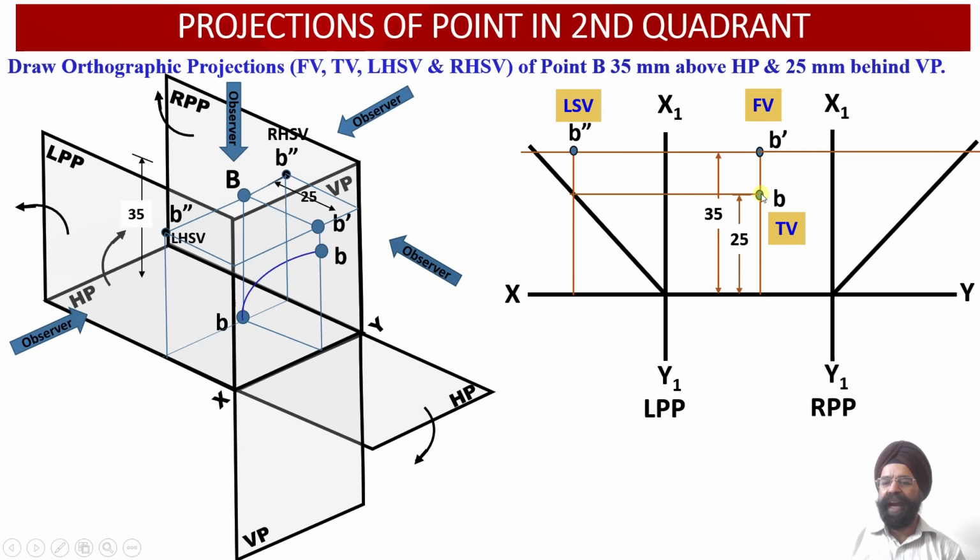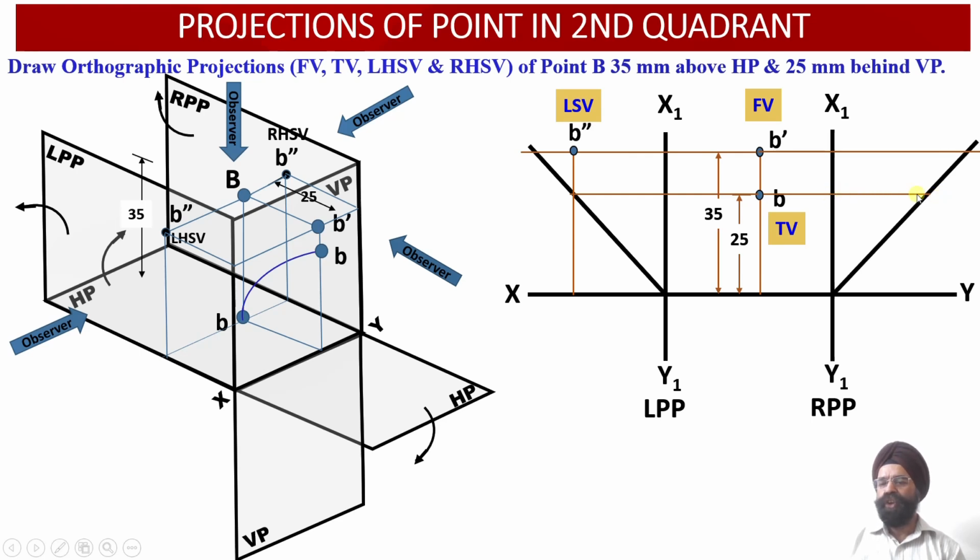So now we know that location of point B, that is the top view projection from the vertical plane, happens to be 25 millimeter. So through this point B, again a horizontal projector line will be extended up to the transfer line into the right profile view projections over here, so that wherever this horizontal projector line drawn through the point B intersects with this transfer line.